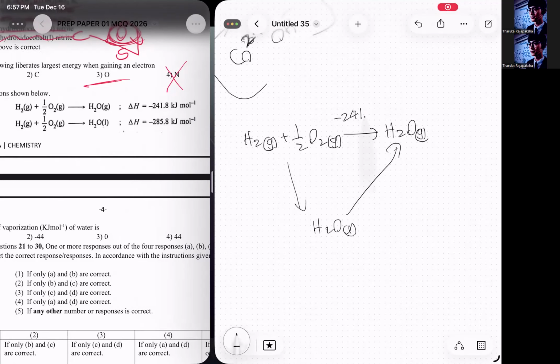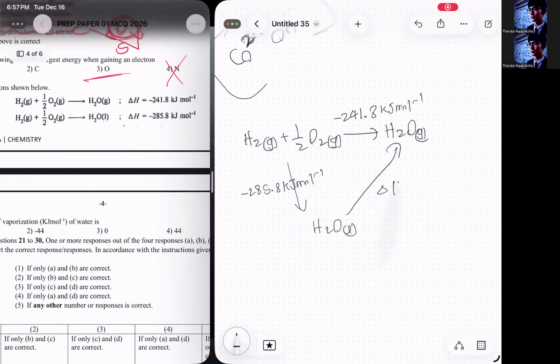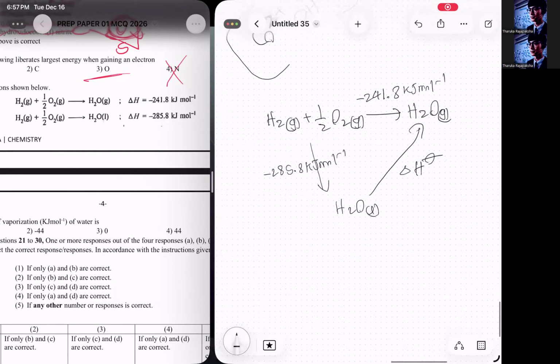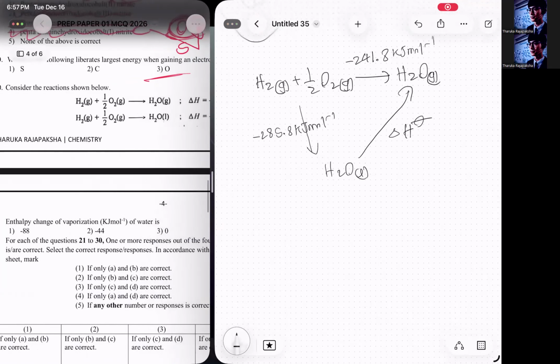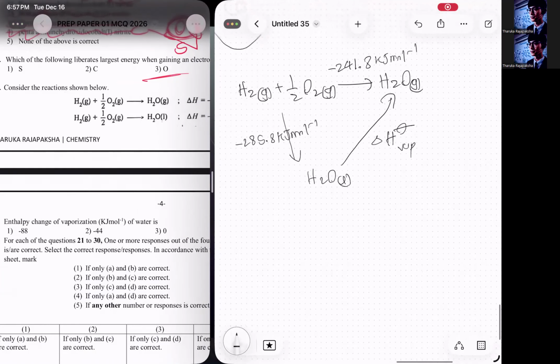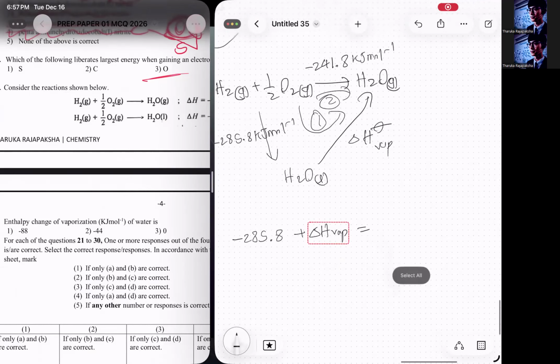Minus 241.8 kilojoules per mole. And then here minus 285.8 kilojoules per mole. And then this one only I have to calculate. Right? That's the enthalpy of vaporization. So we can apply Hess's law. This pathway is equal to this pathway. Minus 285.8 plus delta H vaporization is equal to minus 241.8.